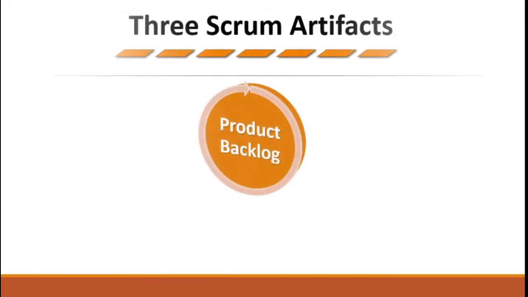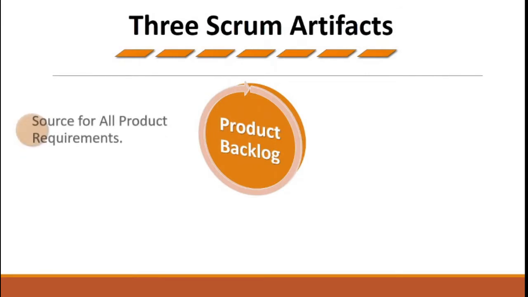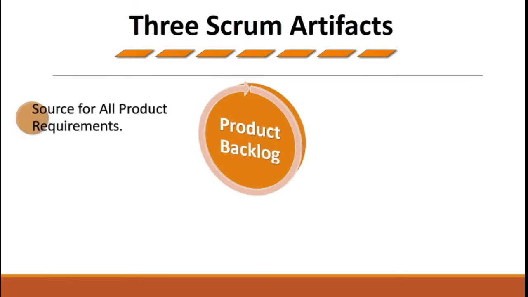Product backlog is fundamentally the source of all your project requirements, which means that this is a repository or a storage point where the product owner is taking inputs from different business executives and stakeholders, either external stakeholders, internal stakeholders, vendors, procurers, end users, your team. So from all these stakeholders, the product owner is taking inputs.